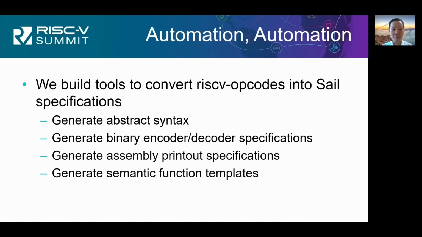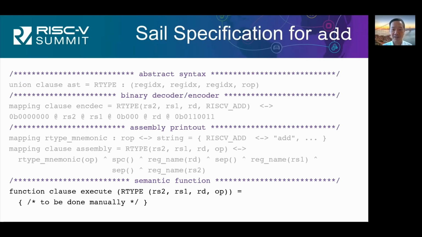Our tool can generate abstract syntax, and also will generate binary encoder decoder specifications and assembly printouts, and also semantic function templates. So in the ADD instruction example we saw a few slides ago, the gray areas are now automatic. So for RVP instructions, we need only to write semantic functions.